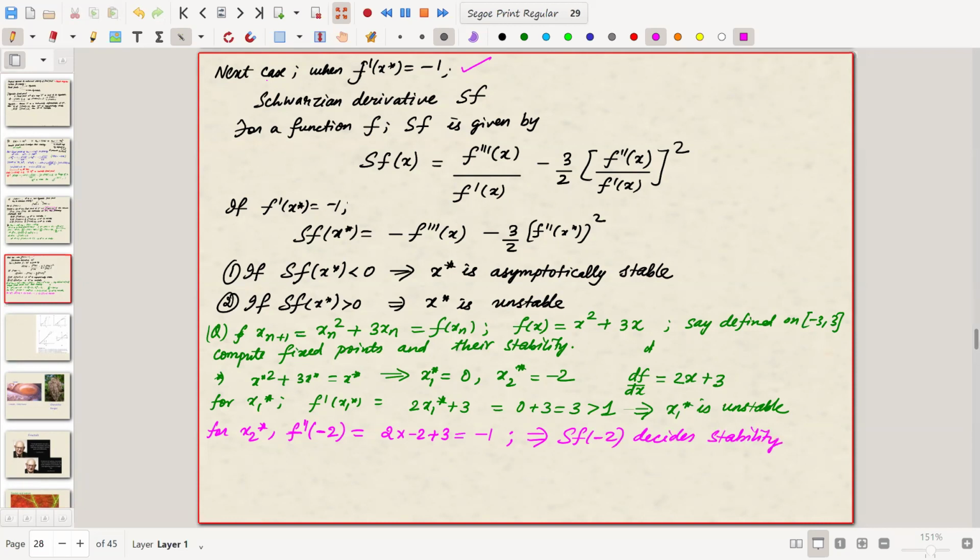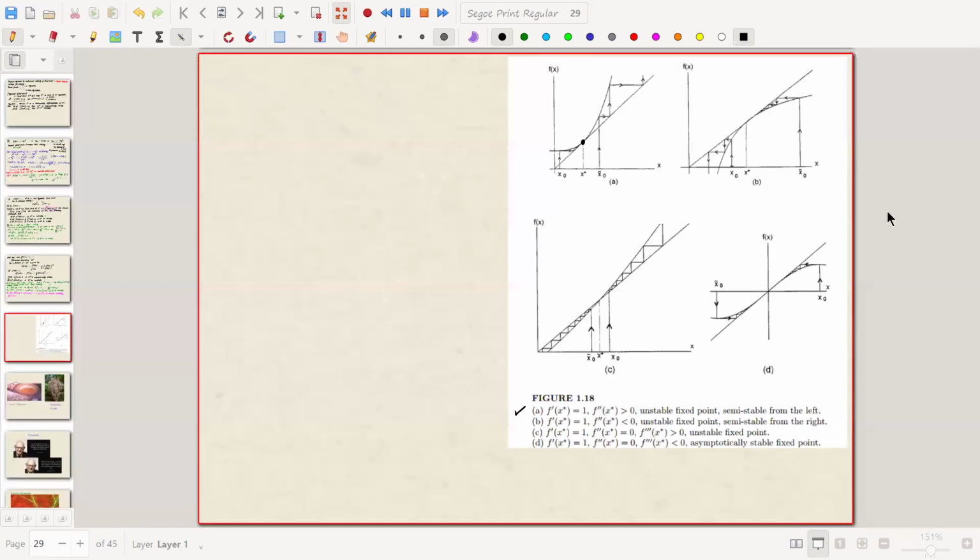What is SF of minus 2? Can you compute it from this quantity here? Please do it now. Okay, so take this fixed point into action.